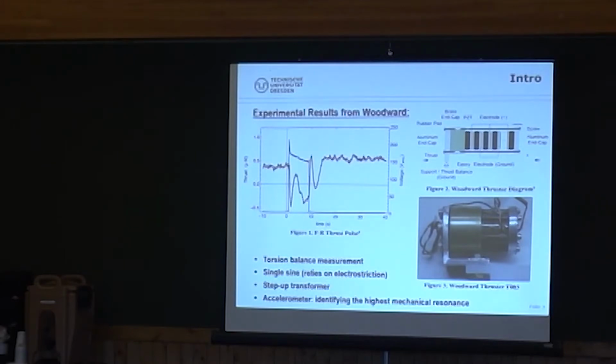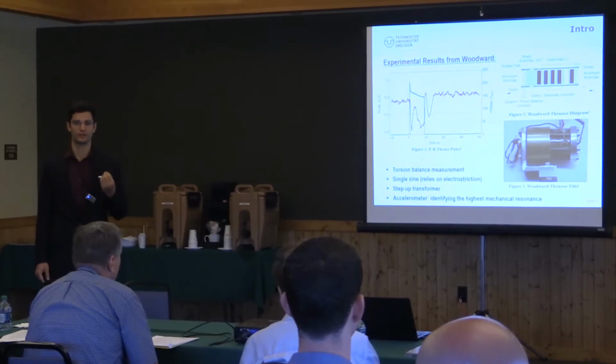Anyway, the Woodward thruster, you've seen it before. That's how it's explained. There's a tail mass, or the brass mass, which is the heavy reaction mass at this end, connected to an aluminum bracket and separated with a rubber.